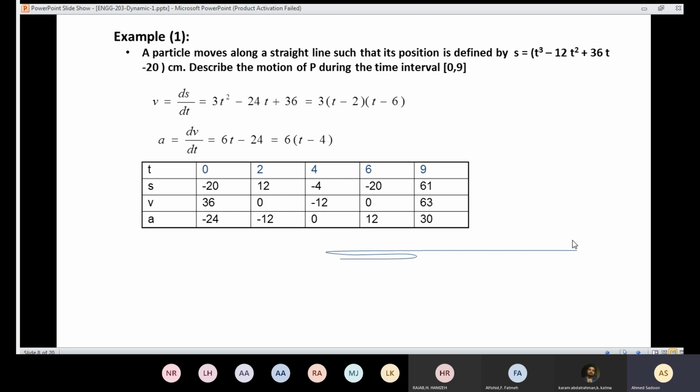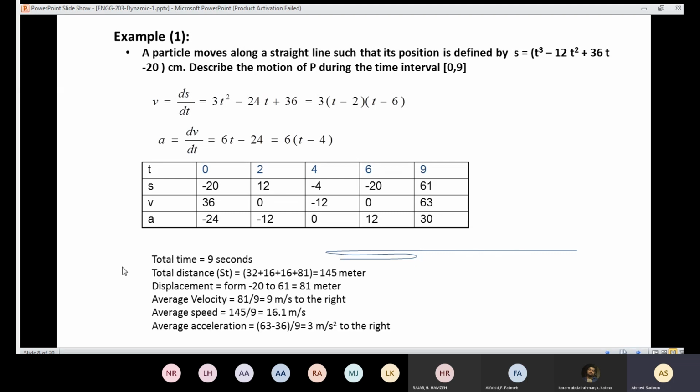Also, like I said, I can know the total time. The total time is 9 seconds because 9 minus 0. The total distance is going to be the distance here plus there plus there. The distance here is minus 20 minus 12. Of course, the distance here is going to be positive, which is 32. Also, the distance here is going to be 12 minus 4, which is 16.